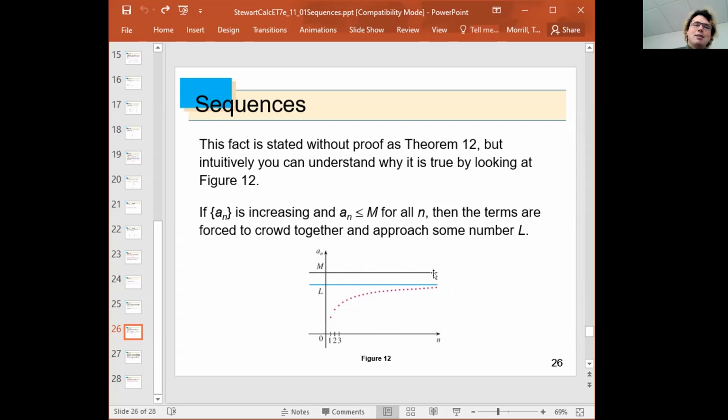Well, then the sequence actually has to converge. Now, it might not converge to exactly the upper bound we have found, but we at least know that it does converge somewhere. So this is one test that we can use to say whether or not some sequence converges.